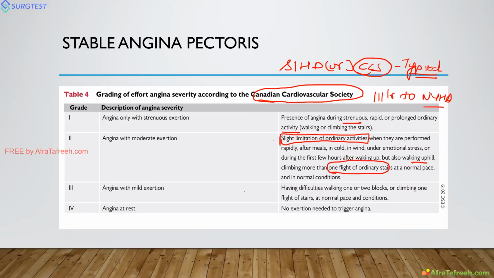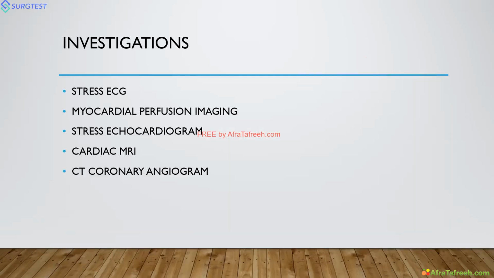In Canadian Cardiovascular Society grade 3, the patient can't even walk 1 flight of stairs. Then in class 4, the patient has angina at rest. So these are the 4 grades of angina according to the Canadian Cardiovascular Society.